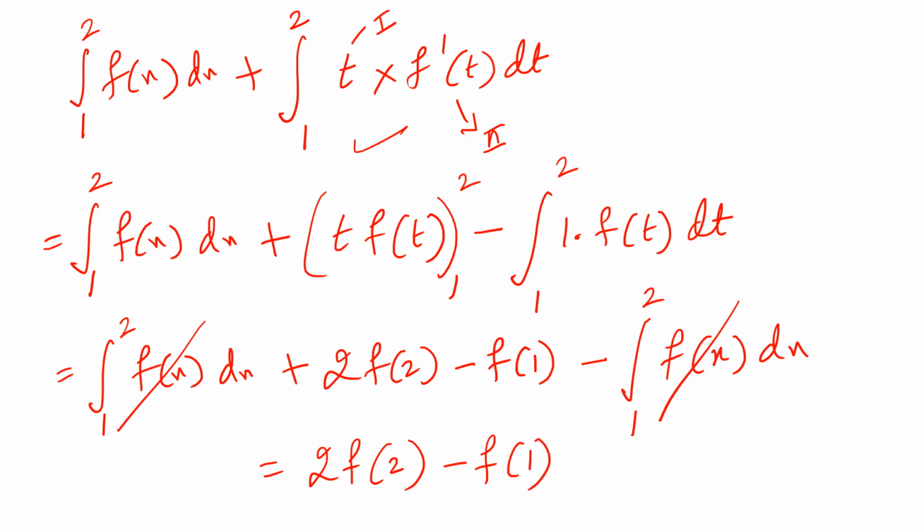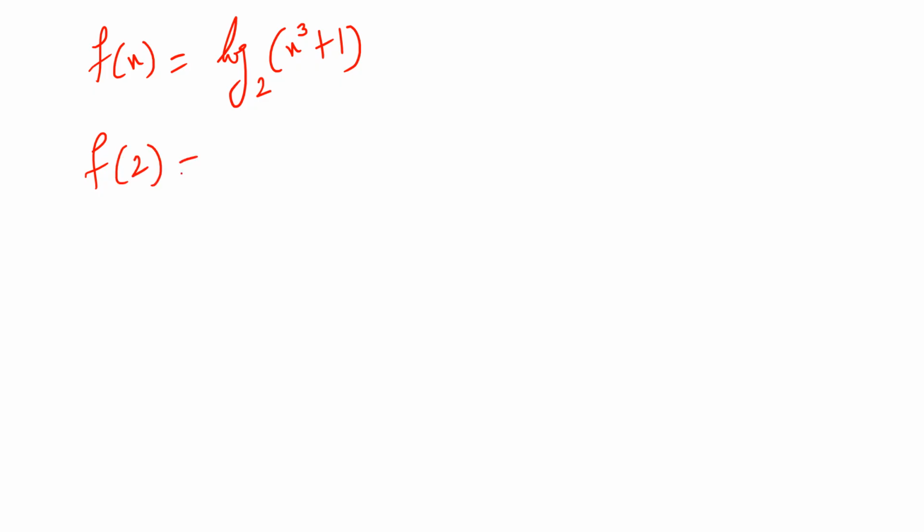Now students, we find the final value of the expression. Now students, f of x is equal to log of x cube plus 1 to the base 2. So I can write f of 2 equal to log of 8 plus 1, which is 9, to the base 2.